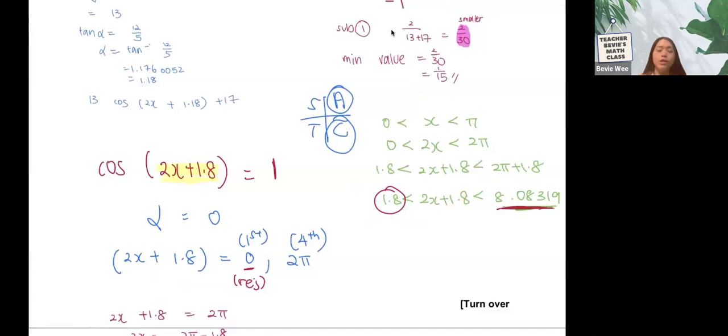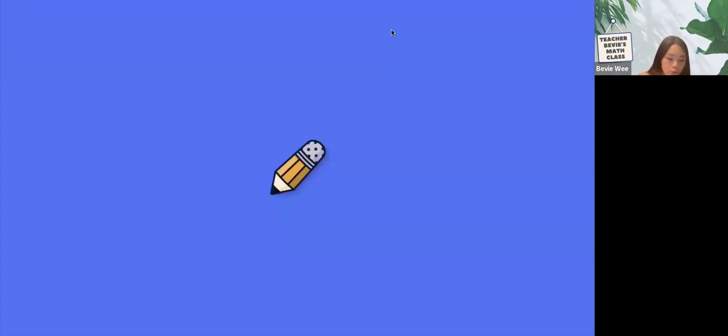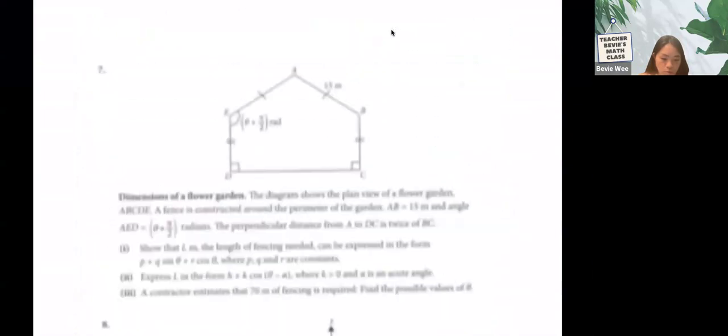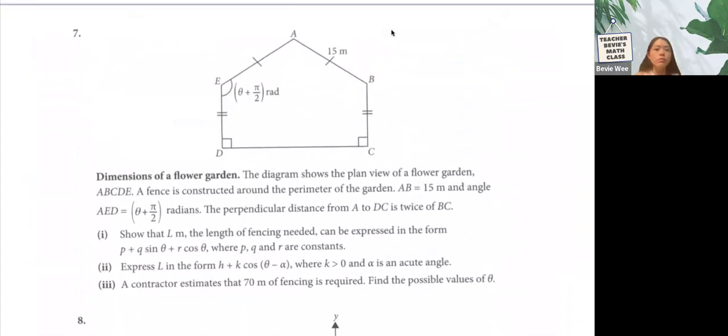Can we try one application question? I want to show you one. We try something easier first. Let me send you this question. Wait a second.